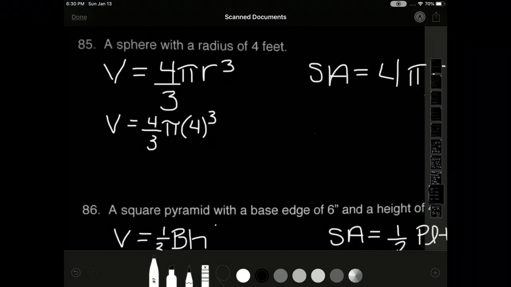So 4 cubed is 64, and when we take 64 times 4, we get 256, and dividing it by 3 gives us 85.3 repeated. So I'm just going to take that and multiply it by pi, so we get 268.1 feet cubed.